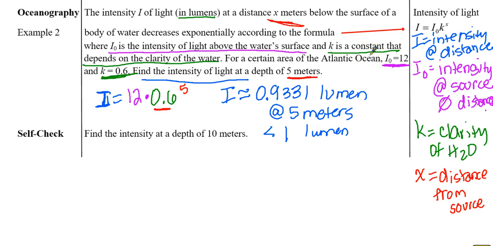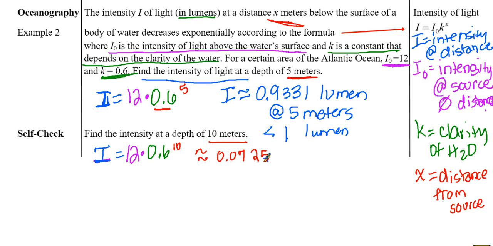And then you try the intensity at a depth of 10. You should have plugged that in and got the answer 0.0725.